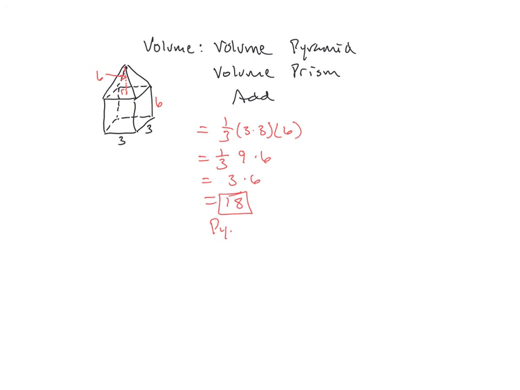And then the prism is just area of the base times height. So it's 3 times 3 times 6. 3 times 3 is 9, times 6 is 54. And then I'm going to add 54 plus 18, 72 feet cubed, or whatever the case might be.